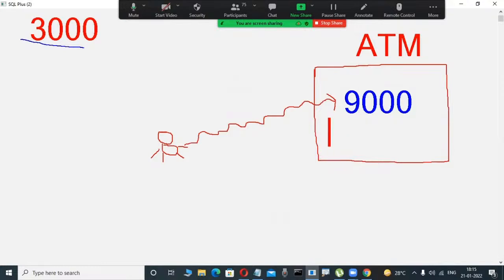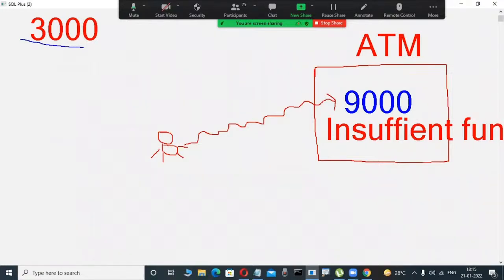You have observed this on your ATMs: some message is displayed, such as "insufficient funds". Because your balance is low, 3,000, but you are trying to withdraw more than 3,000, like 9,000, 8,000, 7,000. How is it possible? In that case only the insufficient funds message is displayed.